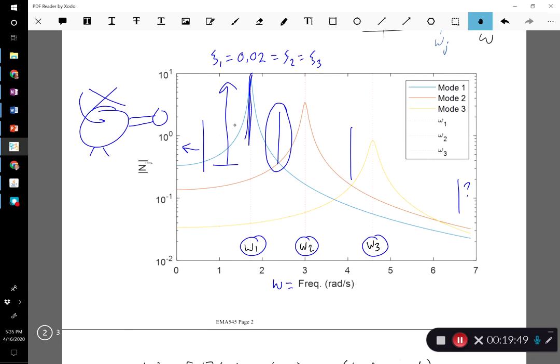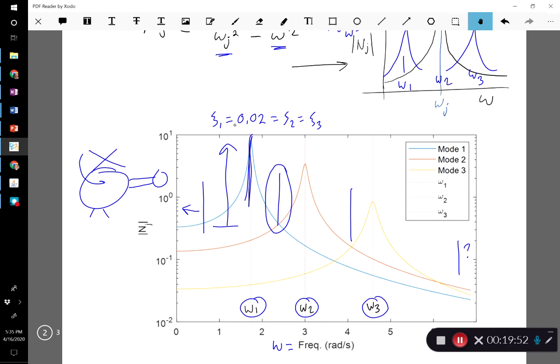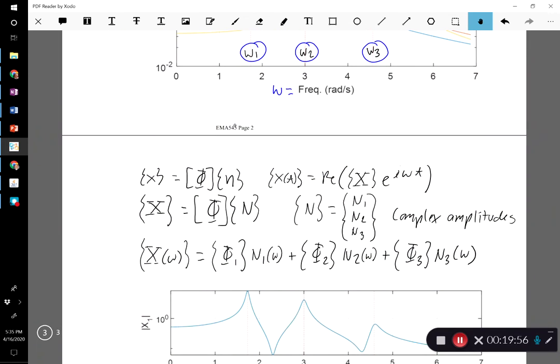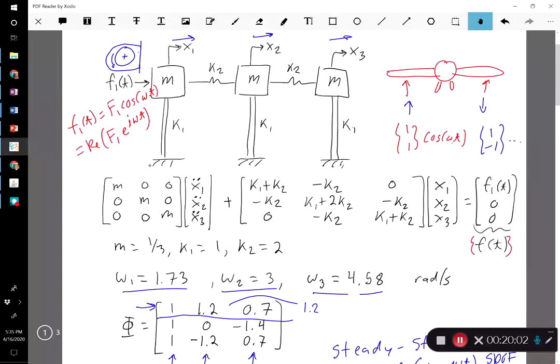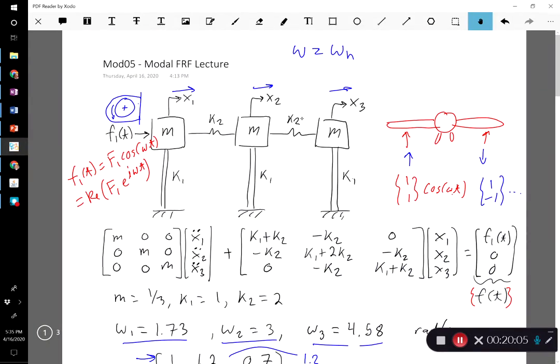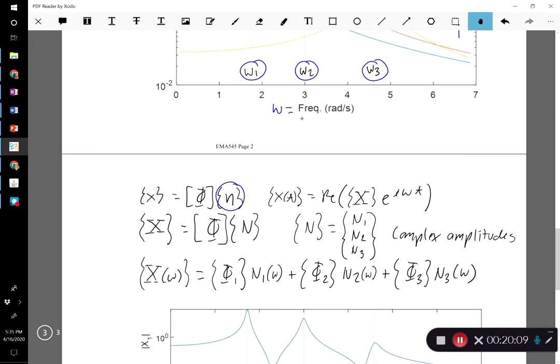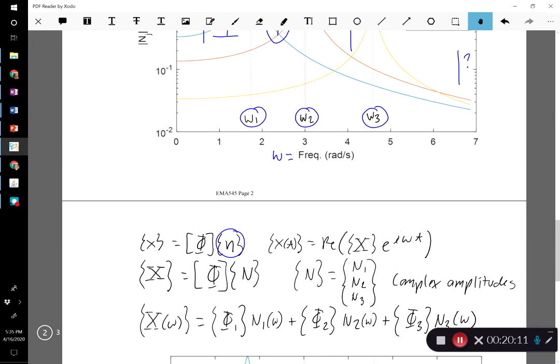The last thing we haven't talked about is there's one more important step, and that is that what we found so far were just the modal coordinates. And what we really want to know is how that maps back to the response of these three masses here. So we can actually work that out if we assume that x is the real part of some complex amplitude e to the i omega t.